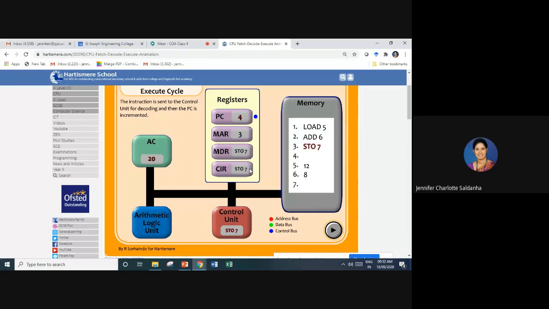Store 7 means store the result present in the accumulator into the memory location with the address 7. As you know, store is the data transfer from the processor to the memory. So this is the address of the memory location into which the data has to be stored, right? So you have data in the processor that has to be transferred to the memory location 7.